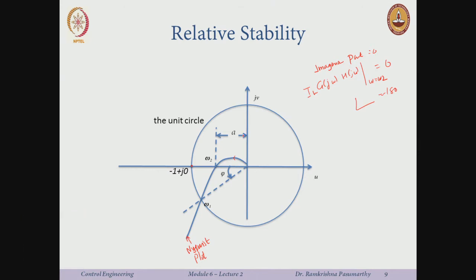So, there is something which this A can tell us, the distance or how far this is from this point. Not only that, now look at this circle and say, well, it intersects this locus here, right, at frequency ω1, the magnitude of G(jω)H(jω) at ω equal to ω1 is 1. Okay. Now, keeping this constant, if I keep on moving along this line, which means I am adding some kind of angle to the system, then if I add some angle of φ in this direction, I hit the point -1 plus j0.